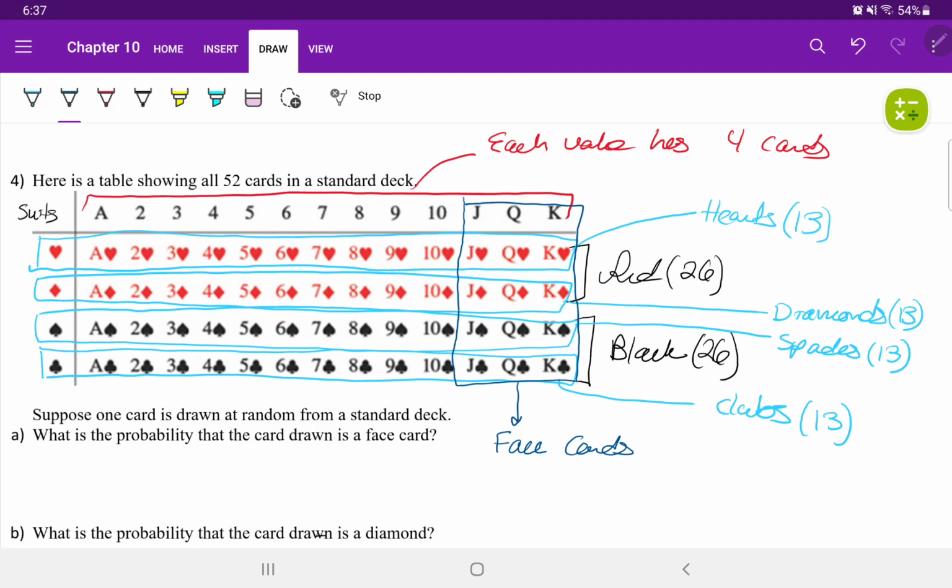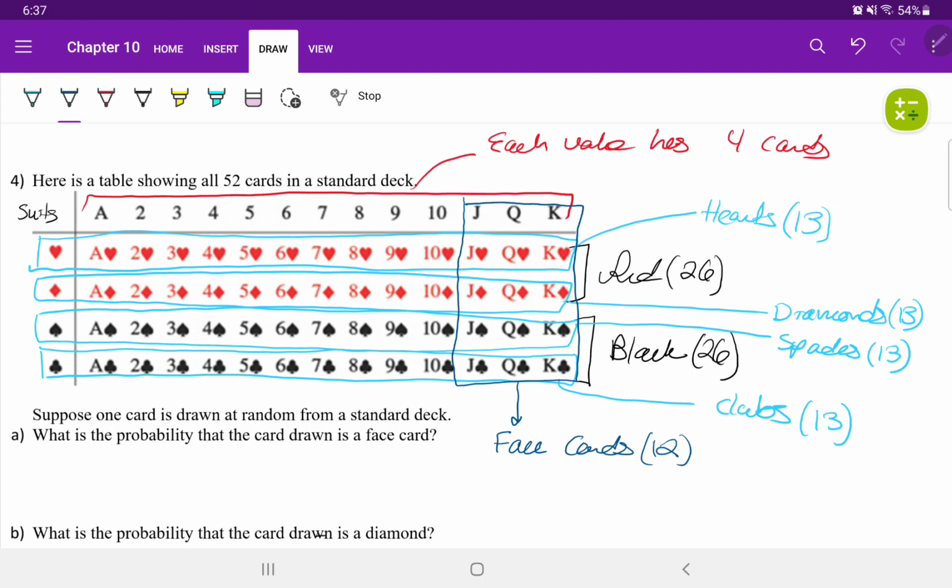There are 4 queens, 4 kings, and 4 jacks, which means there's a total of 12 face cards. So, this is how you need to analyze your deck of cards and become comfortable with it, because they will appear in multiple homework assignments, in class questions, and at the same time on exams.